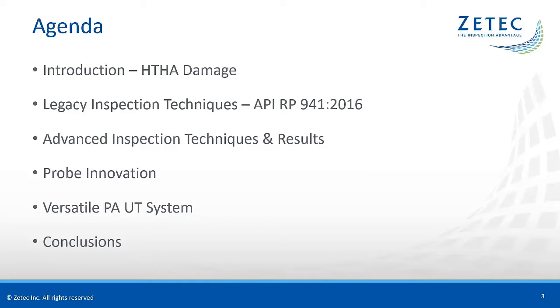After that, I will show how optimization of the phased array probe design can potentially improve the quality of inspection results on HTHA and other challenging defect types. I will also talk briefly about the Topaz 64, ZTEC's versatile, high-performance phased array system that supports all the previously discussed advanced UT methods. And finally, we will wrap up with some conclusions from the presented material.